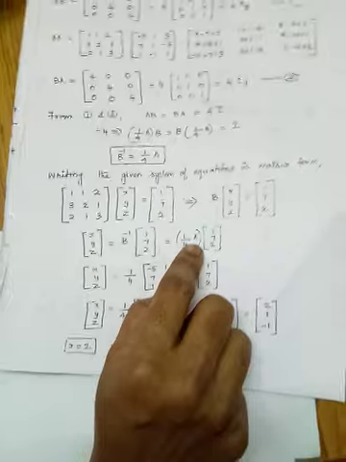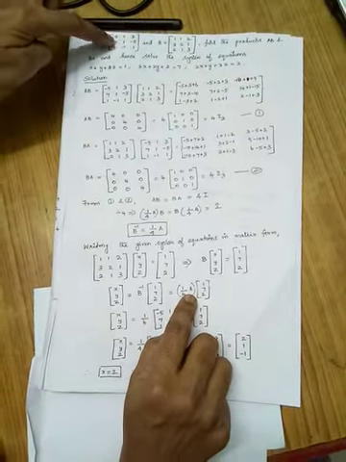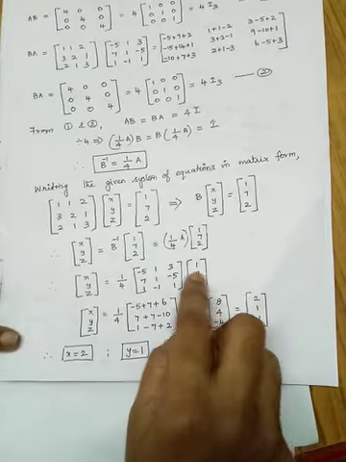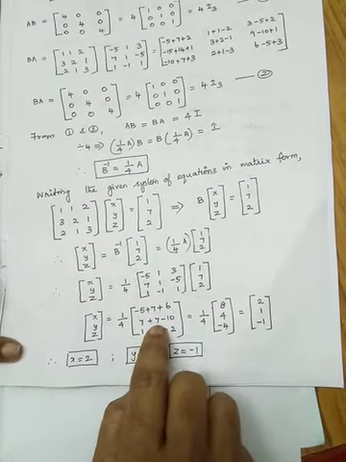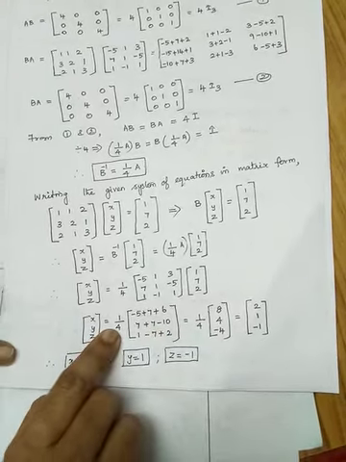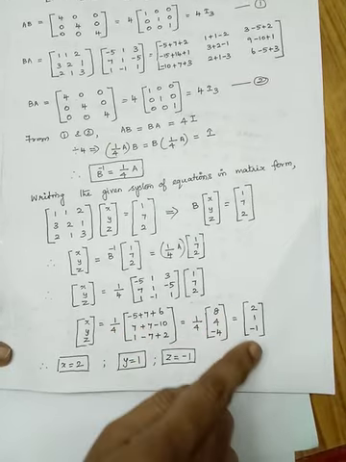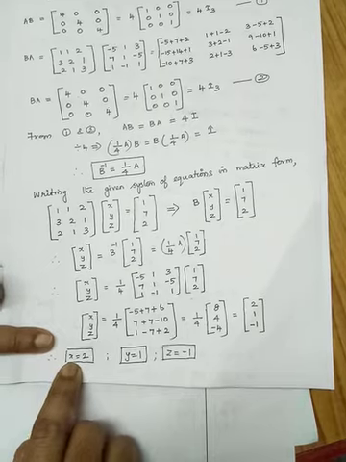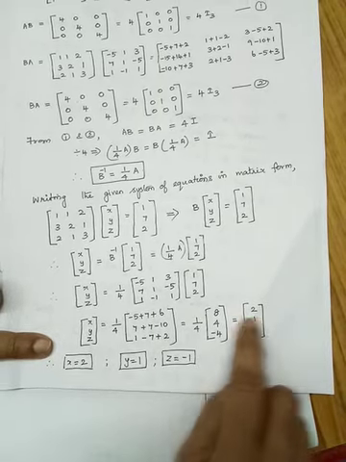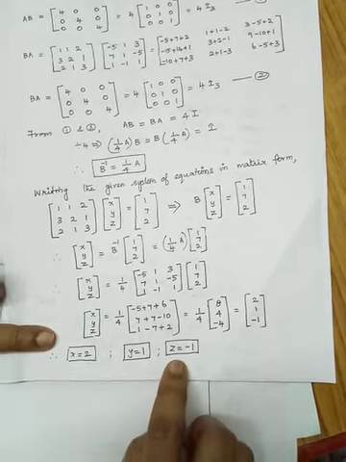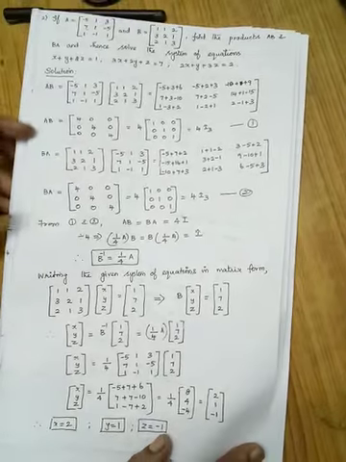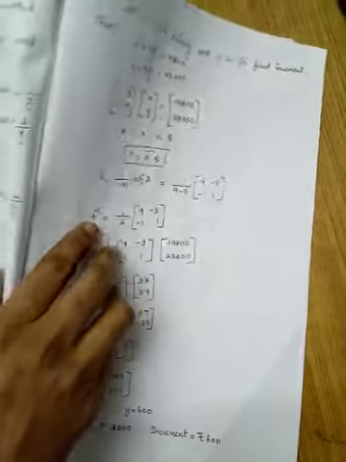The A matrix is given in the problem, so we have to write it in the place of A. When you multiply these two matrices, you will get this answer. When it is divided by 4, you will get 2, 1, minus 1. So X is equal to 2, Y is equal to 1, Z is equal to minus 1. So in this way we can solve the system of equations. Okay, the next one, look at this.